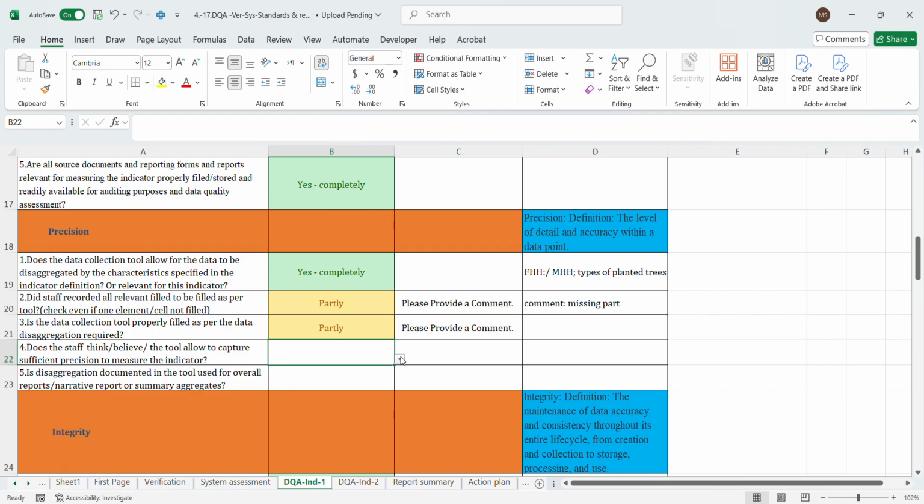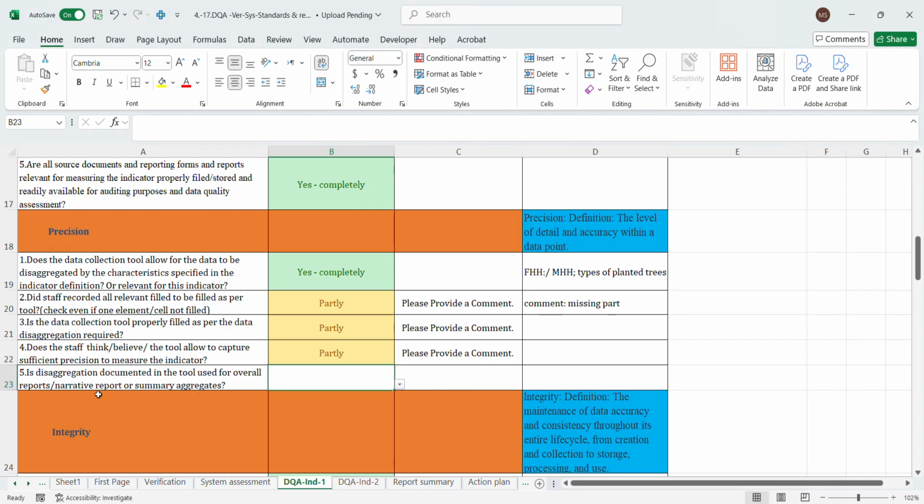If the team believes that, we can say yes completely. Otherwise, we can select not at all. For example, the team may suggest that this part is actually needed, but we are not tracking that. Such a thing can be recorded here. Maybe not at all, but it could be partly.